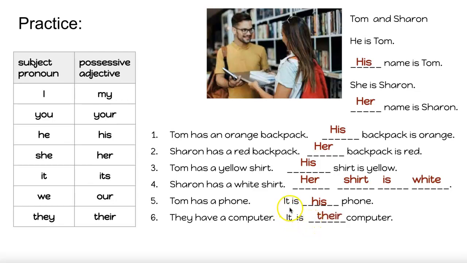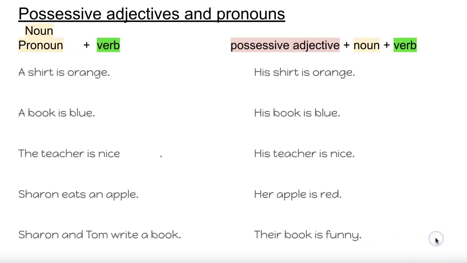So as you can see, here we have the noun, verb, and I've replaced the noun, because we're now talking about the phone, I replaced the noun with a pronoun. It is his phone. And same with this one.